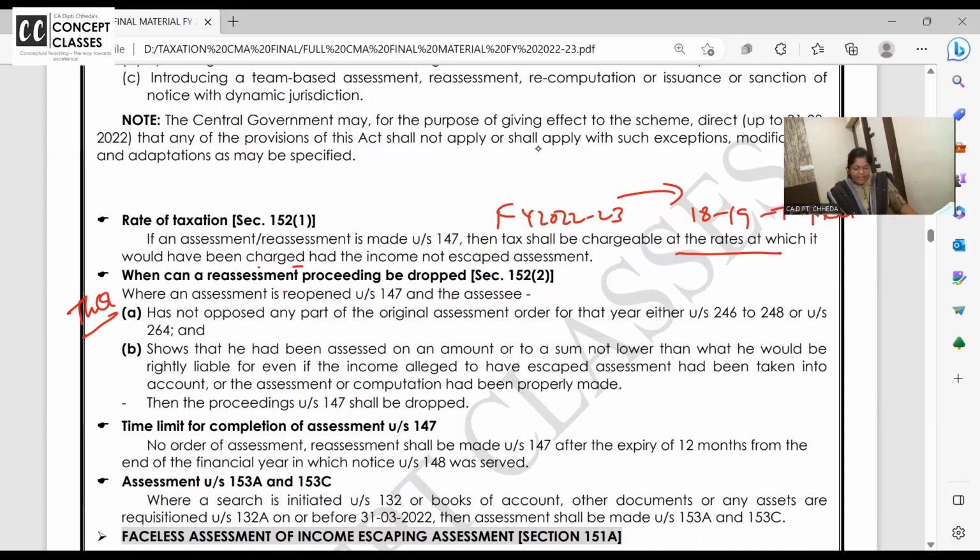If the SSC has not opposed any part of the original assessment for that year, either in 246 to 248 or 264, means already some revision order or some other kind of assessment is going on. So obviously 147 is not applicable to cases which have already gone for revision orders, to commissioner appeals or ITAT or Supreme Court or High Court. They are not going to open.